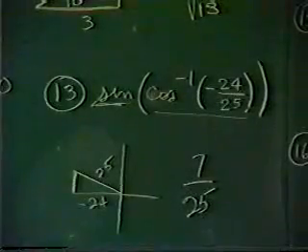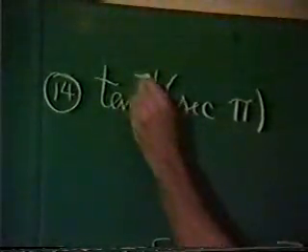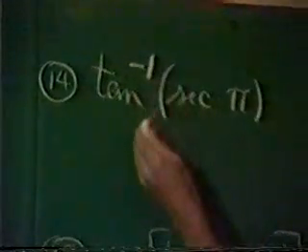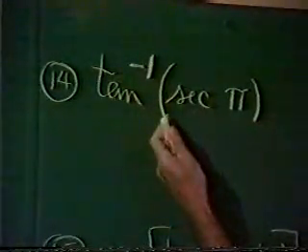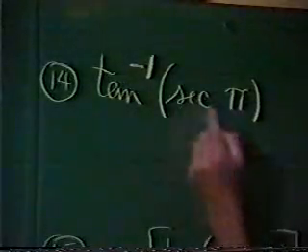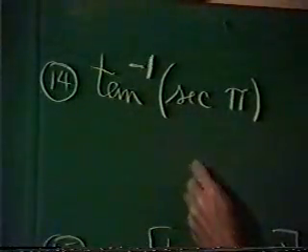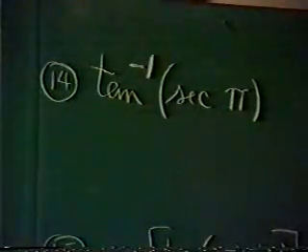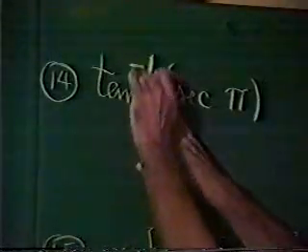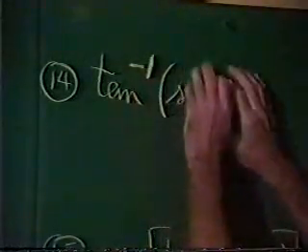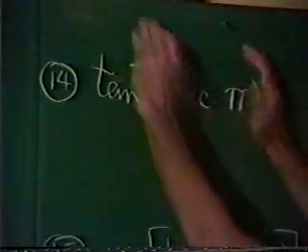All right, let's look at example 14. Now, keep in mind, all of a sudden now I've switched. And the reason I switched, I want you to realize, what are you supposed to get for a final answer? An angle or a number? Well, this is inverse tangent of something. What is this?